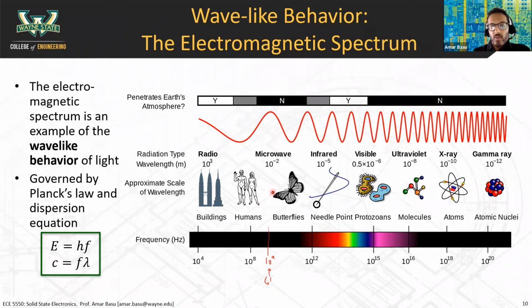Okay. Now, why are radio waves and microwaves used for communication? Well, it turns out that lower energy radiation, longer wavelengths penetrate better through material. So radio waves and microwaves can go through walls. In fact, they can go through some concrete walls. Whereas higher frequency, higher energy radiation does not go through walls.